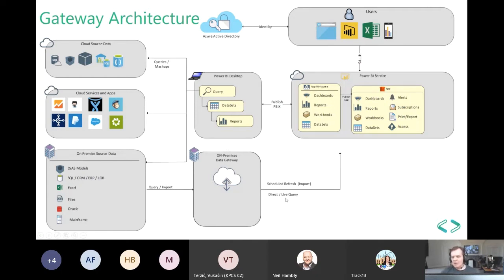Either a live mode or DirectQuery mode, where the user clicks a graphic and the query is run that second on the data source and the result set comes back, or a cached mode where it's refreshed once per day or something like that, and the gateway passes up the whole of the data set so it can then be cached in the cloud. So that's the role that the gateway plays.